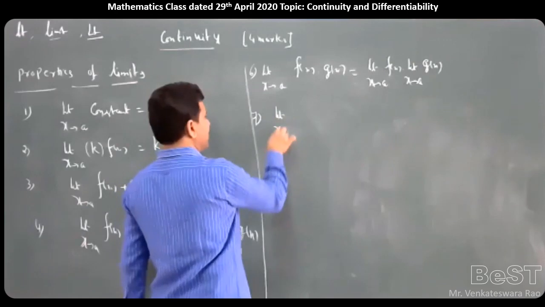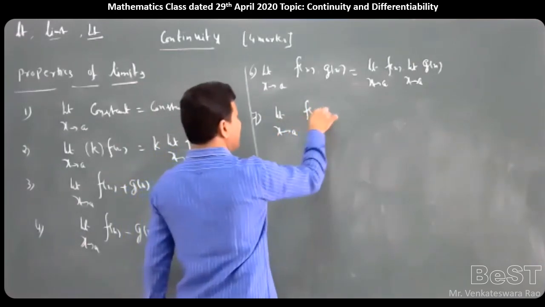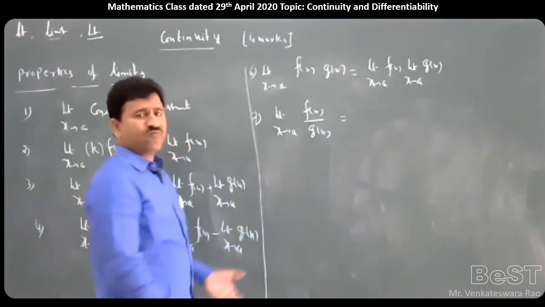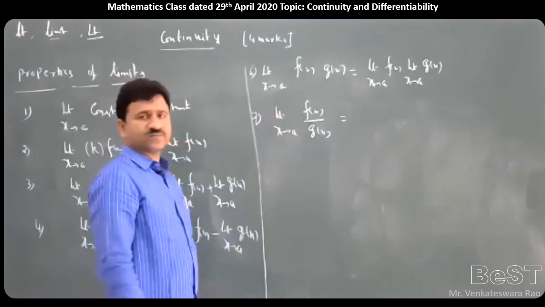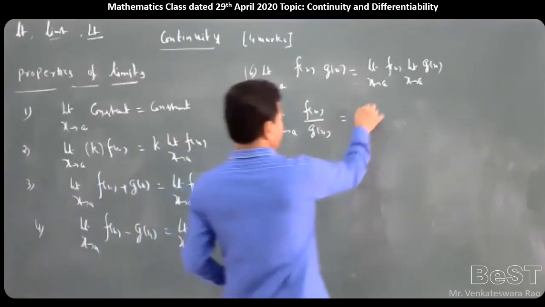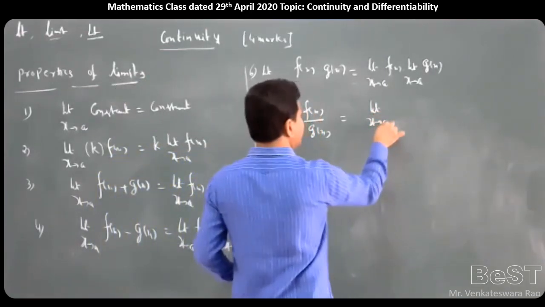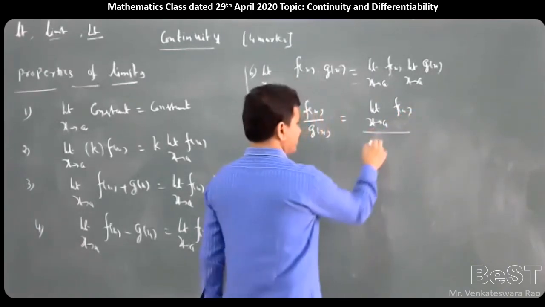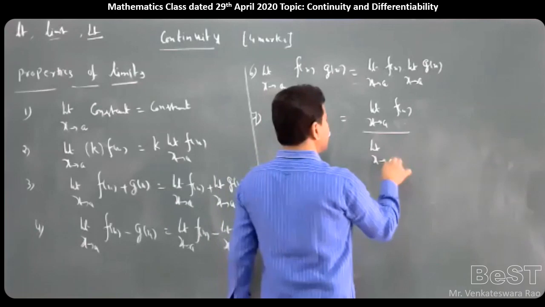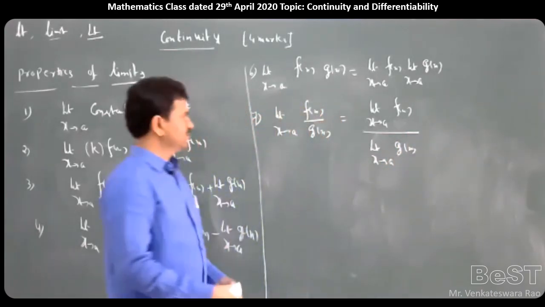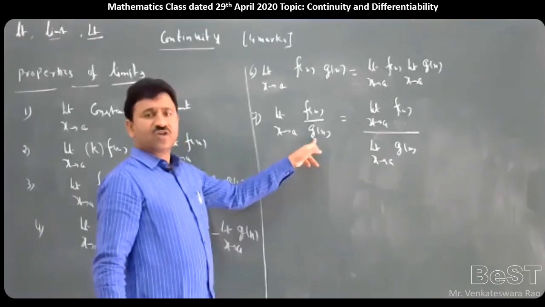When division is there, limit x tends to a, f of x by g of x, we can apply the limit for the numerator and denominator separately: limit x tends to a f of x by limit x tends to a g of x, provided the denominator is not equal to 0.